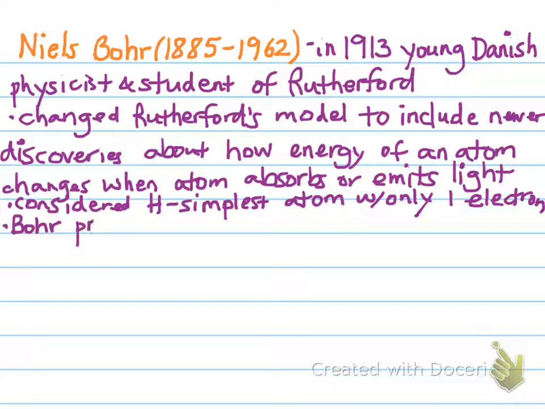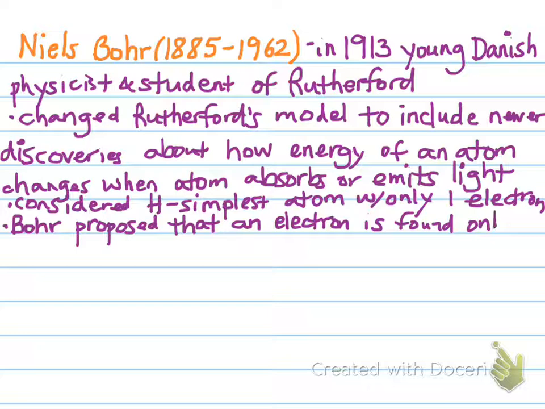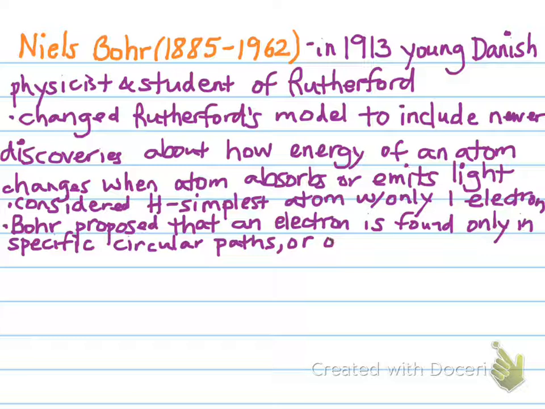Bohr proposed that an electron is found only in specific circular paths or orbits around the nucleus.